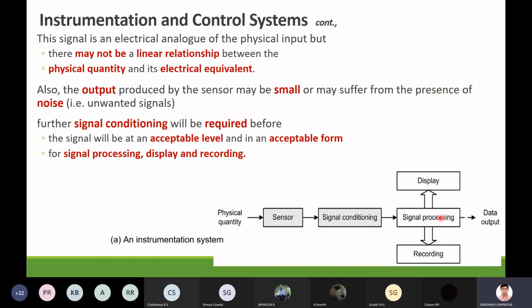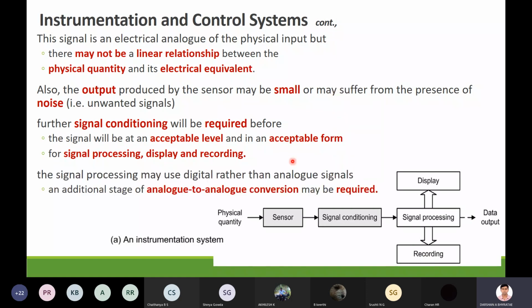After the process, it may be displayed or recorded. Recording is nothing but storing, or sending the data output to the signal processing. So these are the process or the operation of my sensor here. Additionally, in signal processing I can perform ADC or DAC operation, nothing but analog to digital conversion or digital to analog conversion.